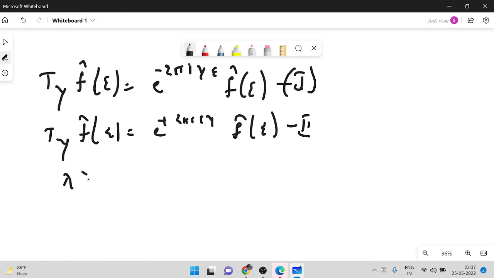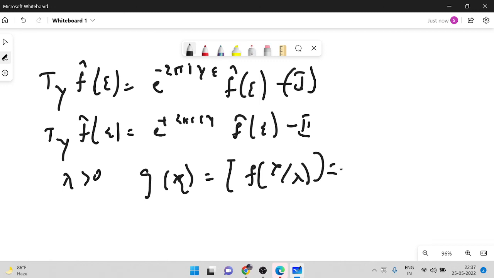If lambda is greater than 0 and g of x is equal to f of x by lambda, then the Fourier transform of g of epsilon is equal to lambda power n times f hat of lambda epsilon.